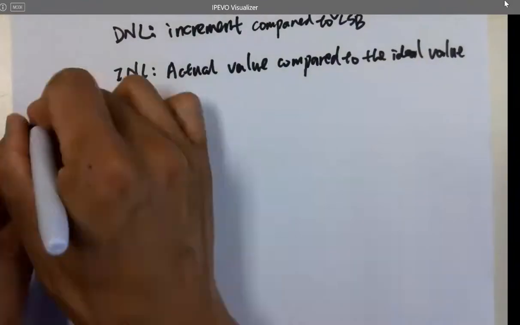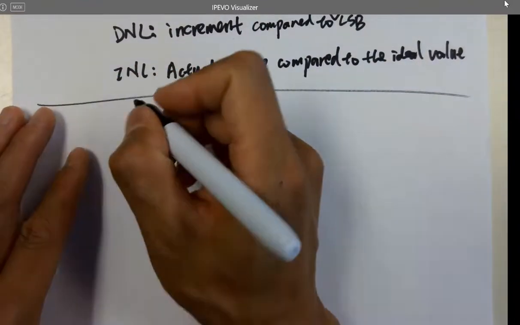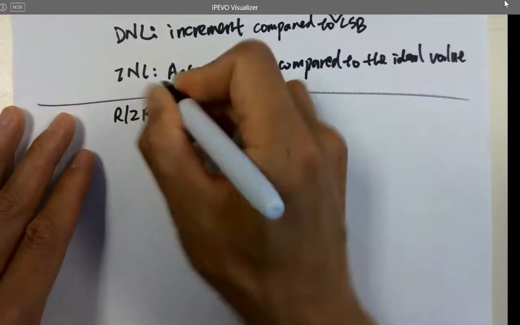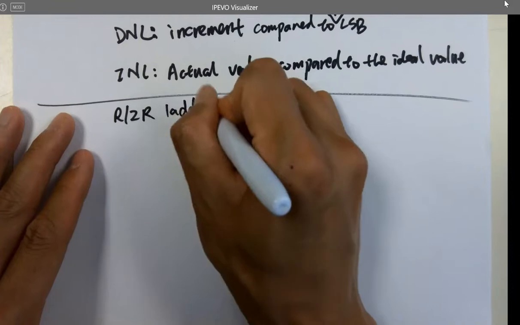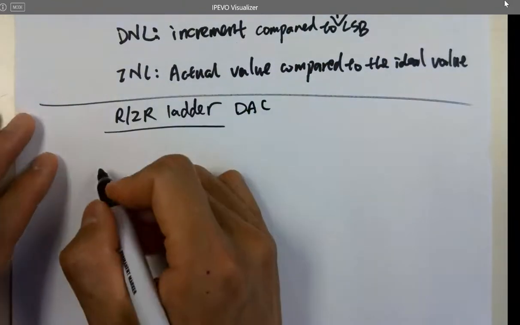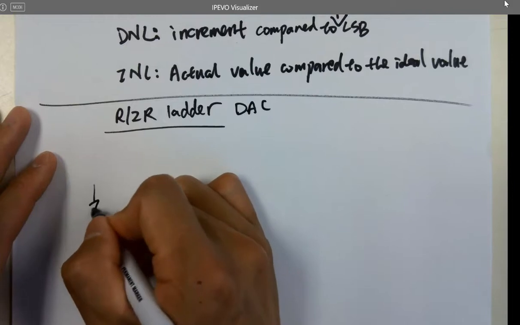So this whole R2R ladder is one type of DAC, a very simple version of it. So here's a 3-bit version.